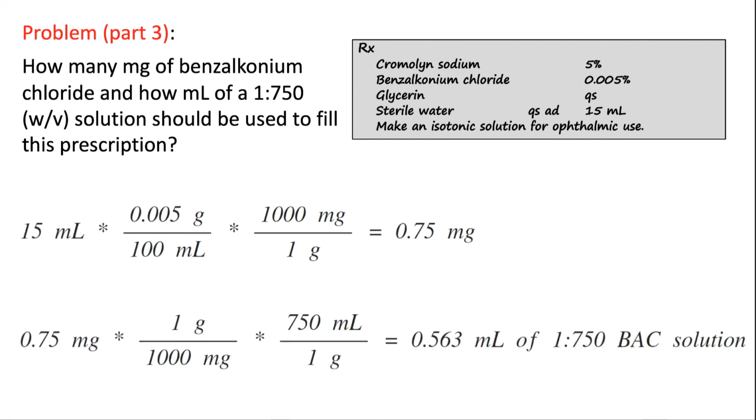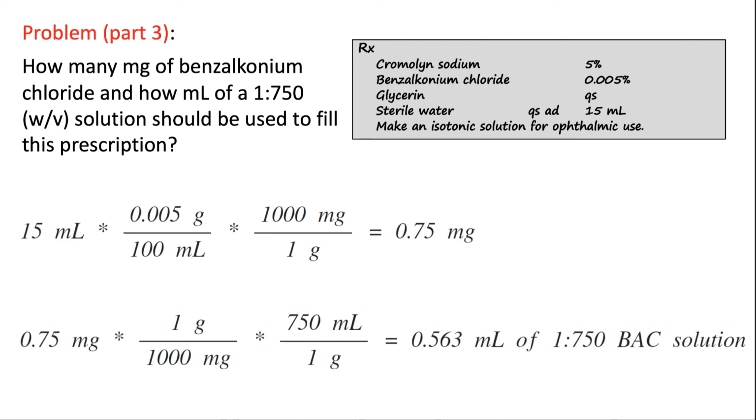Okay? The next step is to determine how much of this solution we would need. So let's take the amount that we need, which is the 0.75 milligrams that we just calculated. Let's convert that to grams by multiplying by the fact that in every 1 gram, there's 1,000 milligrams. So milligrams cancel. Now I'm in grams, and I did that so I can multiply it by its concentration. And keep in mind, since it was given to us as a weight per volume concentration, that meant grams per milliliter.